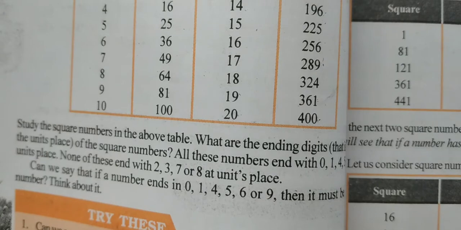If you see carefully, then you will find that the squares of the given numbers end up with 0, 1, 4, 5, 6 or 9. It never ends with 2, 3, 7 or 8 at units place.